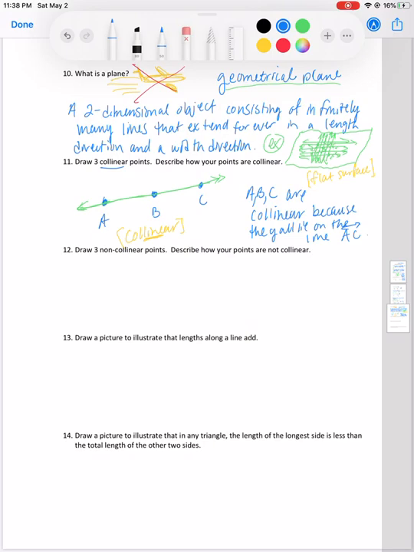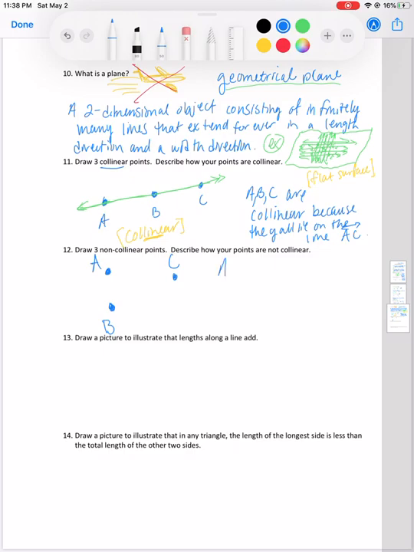Draw three non-collinear points. Describe how your points are non-collinear. So non-collinear means that they do not lie on the same line. So I'm going to just draw in some random points here. Okay.